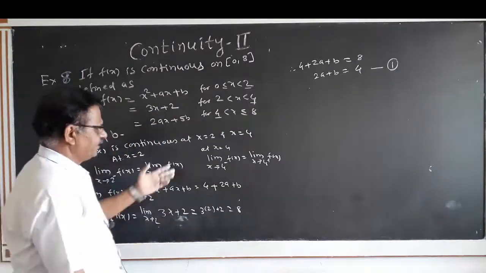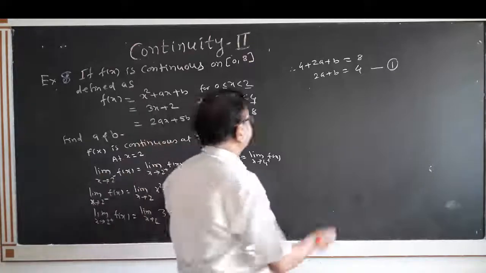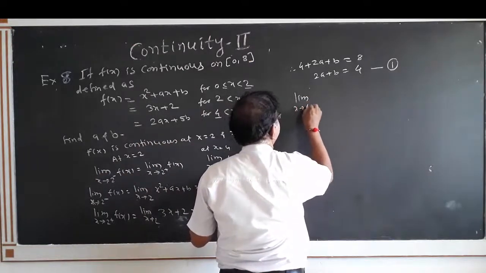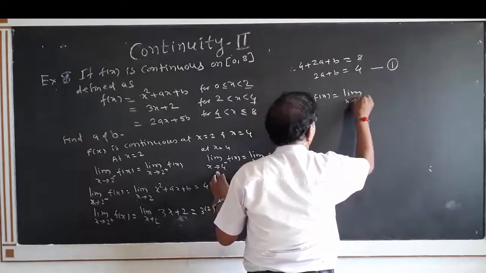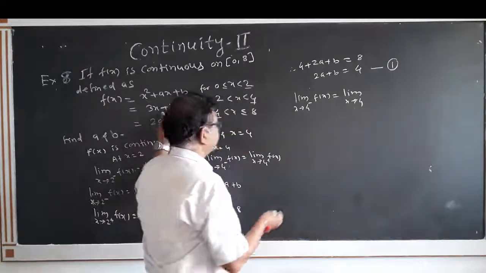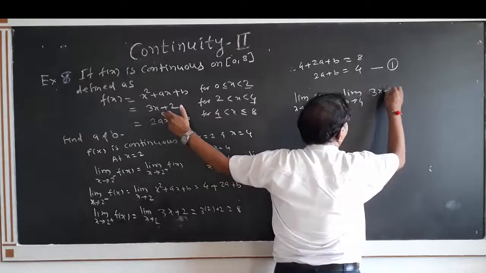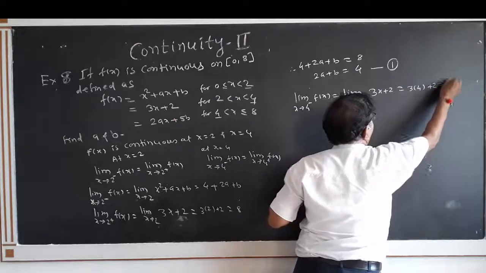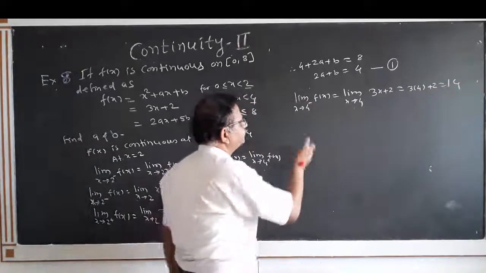Now, we shall find out limit at x equal to 4. Limit x tends to 4 minus of f(x): x is approaching 4 from left hand side, that means this function 3x plus 2 equal to 3 into 4 plus 2 equal to 14. 3 into 4 is 12, 12 plus 2 is 14.